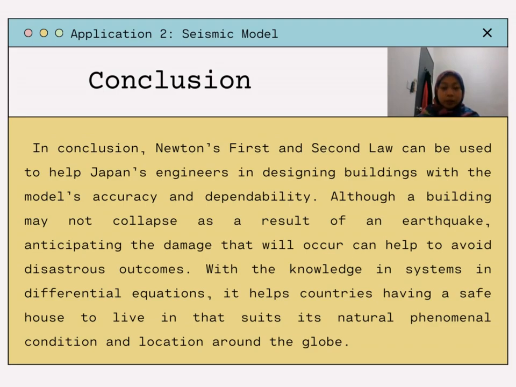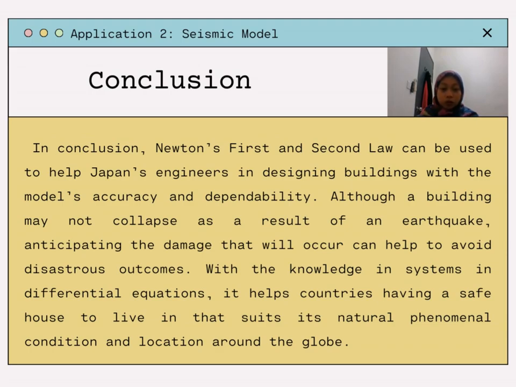When designing buildings and structures, engineers use the same basis for the earthquake shaking force, which is based on Newton's second law of motion, where the equation is F equal to ma, which states that the inertial force equals the mass times the acceleration, to determine lateral seismic force.